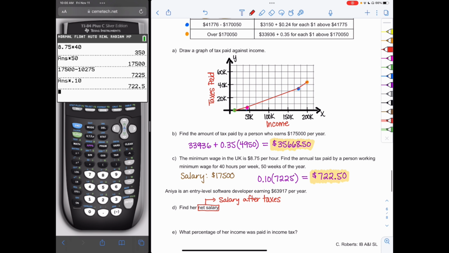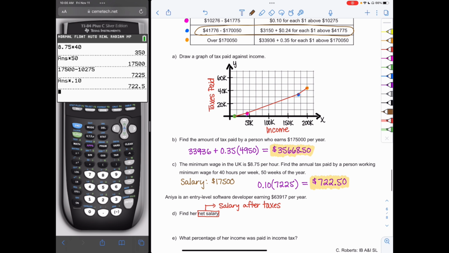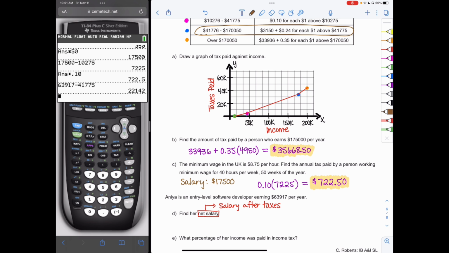So she makes $63,917 a year, which means that she would be in the third tax bracket paying $3,150 plus 24 cents for each dollar above 41,775. So if I know she makes $63,917 a year, I will have to subtract 41,775 to figure out the money that she would have to pay additional taxes on. So that would be $22,142.